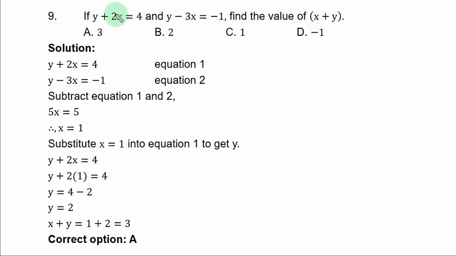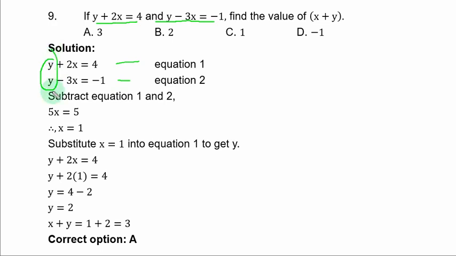Question 9. If y plus 2s equal to 4 and y minus 3s equal to minus 1, find the value of s plus y. You have simultaneous linear equations. You have equation 1, equation 2. We can simply eliminate variable y by subtracting equation 2 from equation 1.